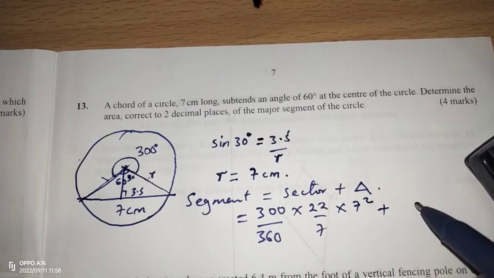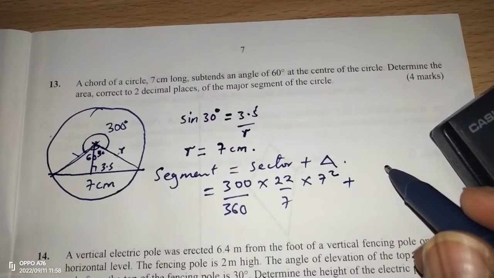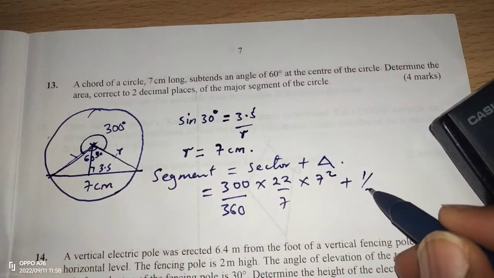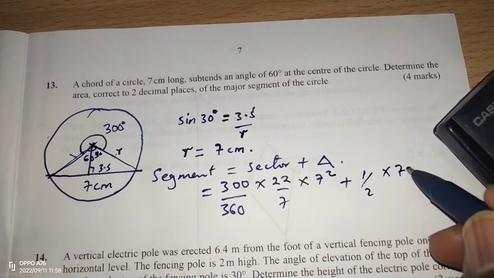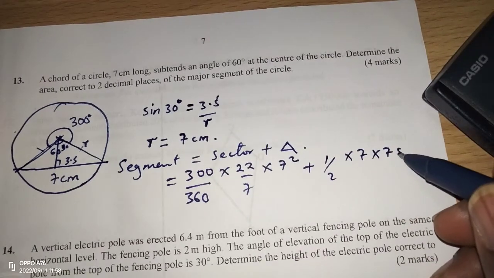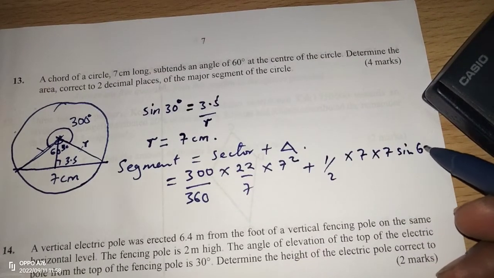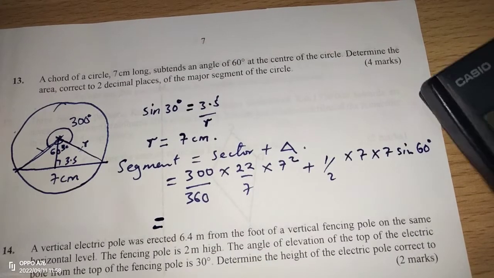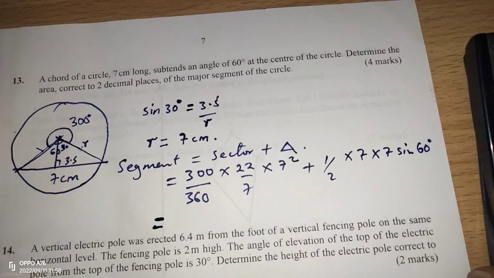Then we add the area of this triangle, which is going to be half, if we take one side as the first radius, another side, then the sine of the angle in between them, which is going to be 60, then we're going to get the area for that triangle.